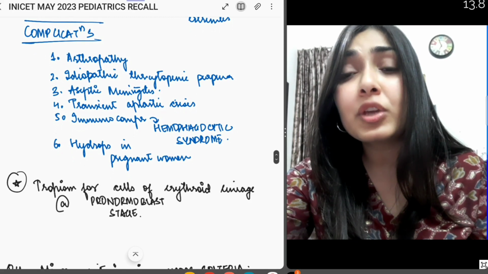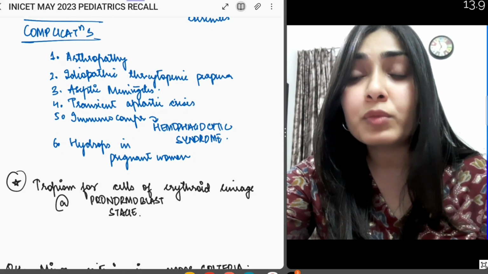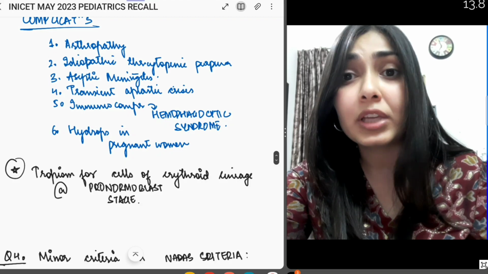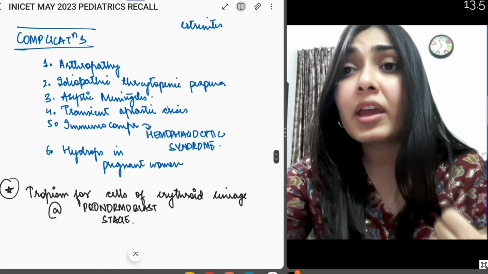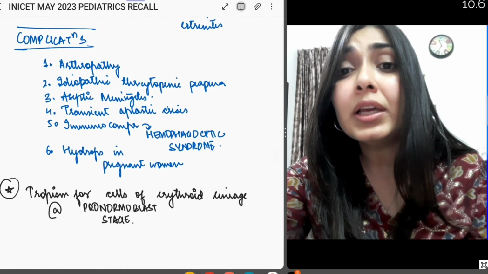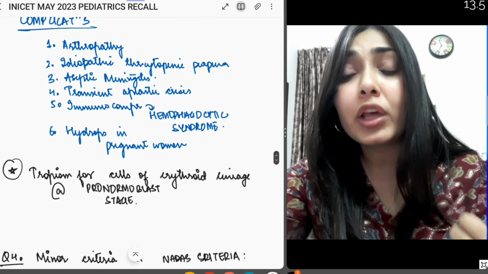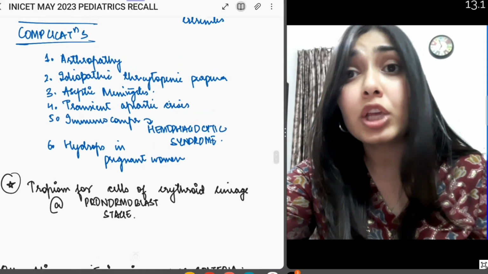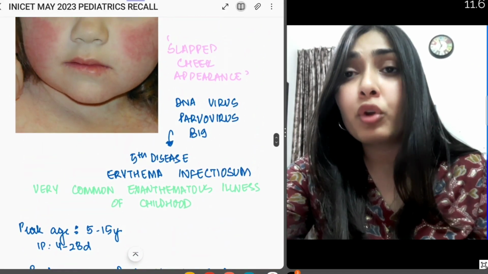In immunocompromised patients, hemophagocytic syndromes can be seen, and in pregnant women, hydrops fetalis can develop. The important point here is that parvovirus B19 has a tropism for cells of the erythroid lineage at the pronormoblast stage, hence the pure red cell aplasia.